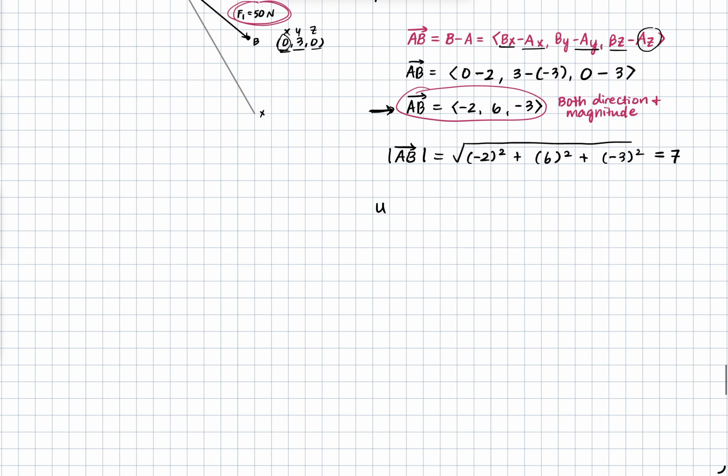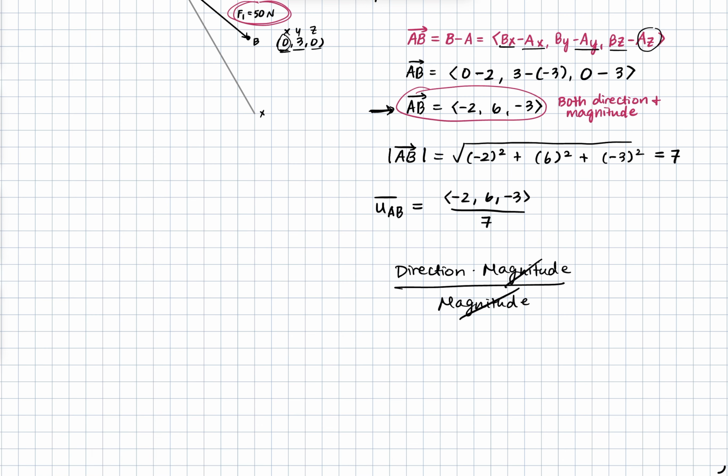Now to get the unit vector UAB, I take the vector negative 2, comma 6, comma negative 3 and divide it by the magnitude. The vector has direction and magnitude, and I'm dividing by the magnitude so that I'm left with just the direction. This results in negative 2/7, 6/7, and negative 3/7.